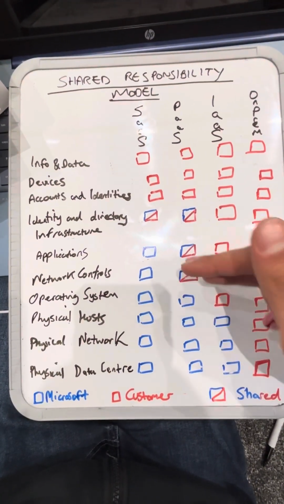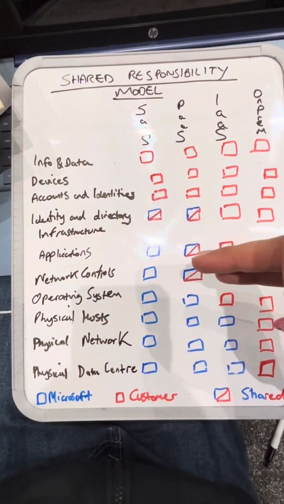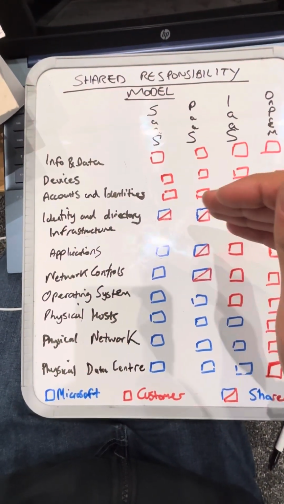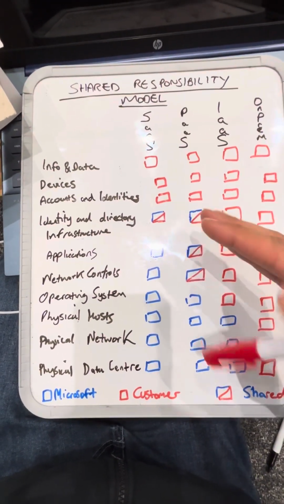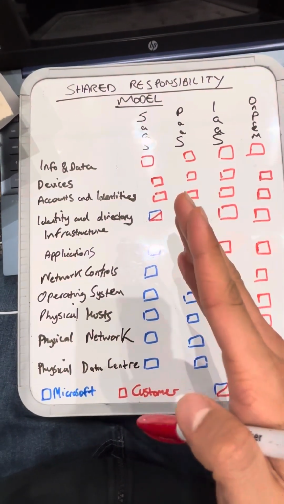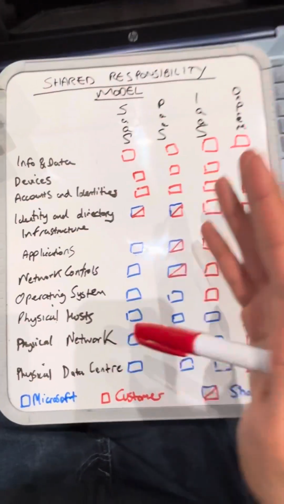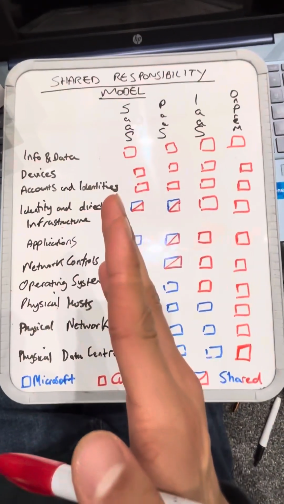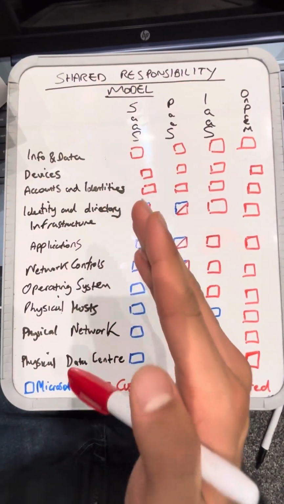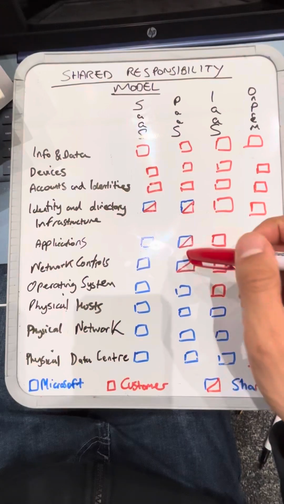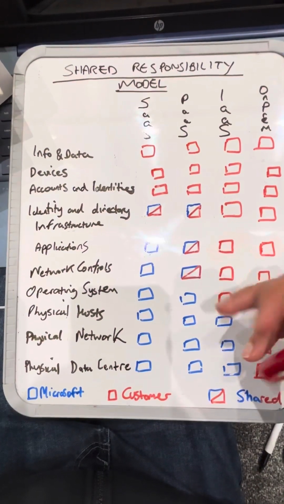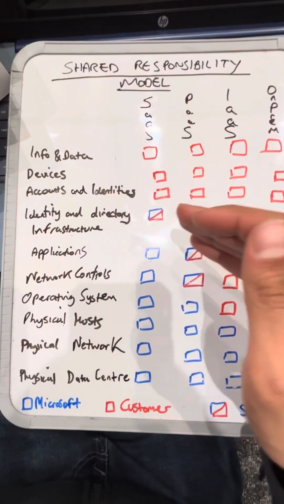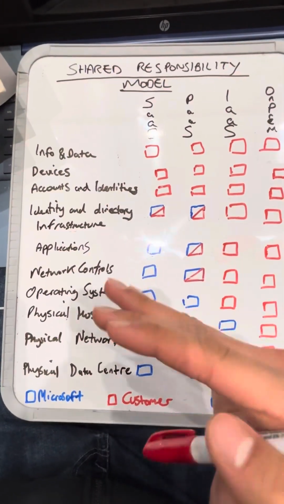But then this increases later on as we move on to platform as a service, and this is more of a kind of center ground between responsibility on the customer and responsibility on the provider, the cloud provider. So we see here that the cloud provider now has shared responsibility of identity and directory infrastructure, applications, and network controls.